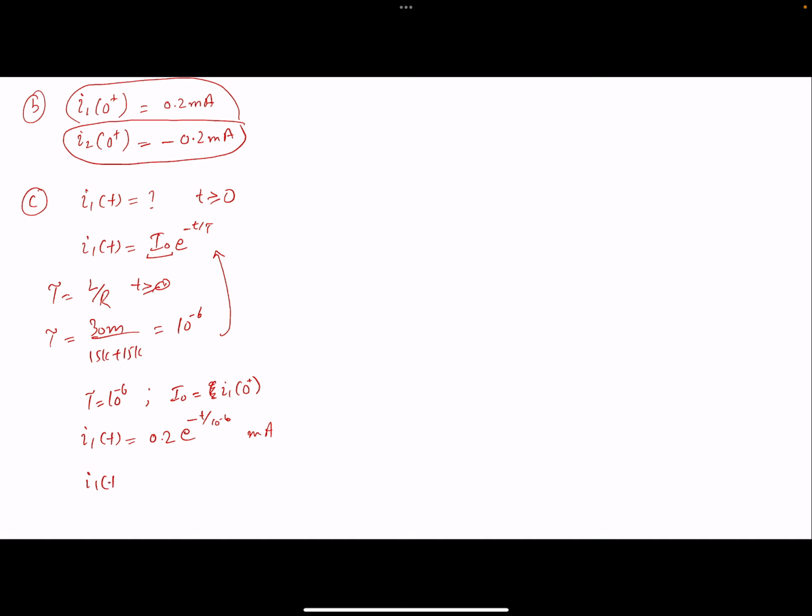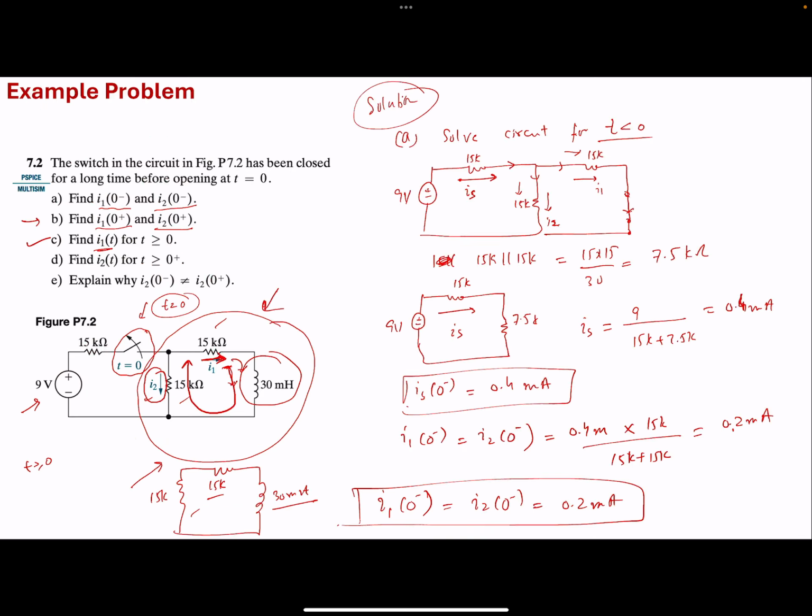And I can rewrite this as 0.2 e raised to power minus 10 to the 6 times t milliamps. Sorry, minus 10 to the 6. This 10 to the minus 6 becomes 10 to the plus 6 up there. Right, so this is I1 of t: 0.2 e raised to power minus 10 to the 6 t milliamps.